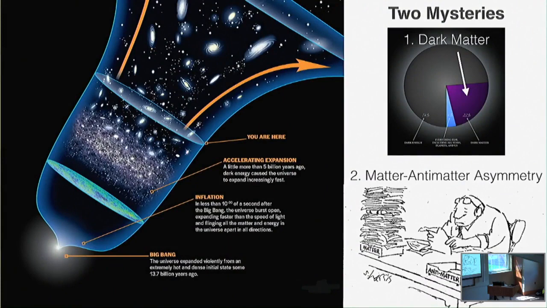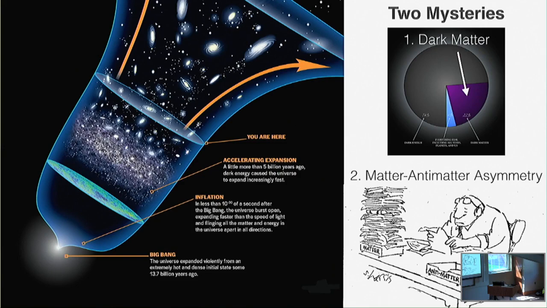So that's one of the mysteries, two big mysteries. There's maybe 10 big mysteries, but anyways, here are two of them. One is dark matter. Another is the matter-antimatter asymmetry. Something happened around 10 to the minus 10 seconds in the expansion of the universe that led matter to dominate by a very small amount over antimatter, about 1 part in a billion. So the question is, why did that occur?